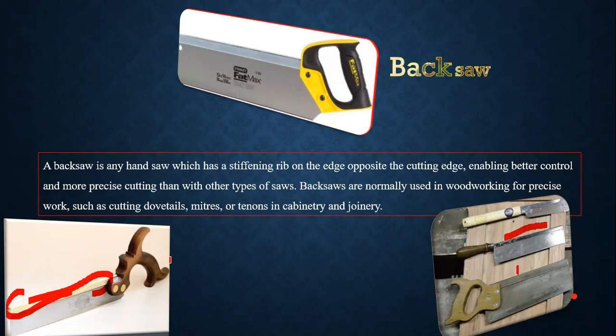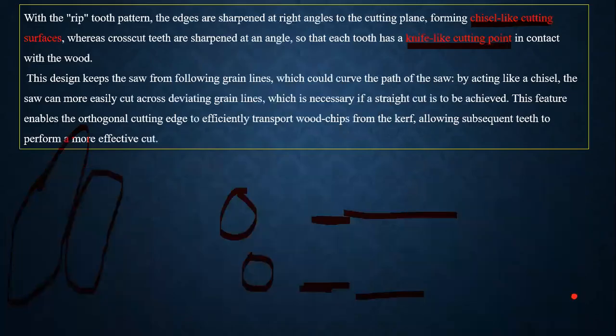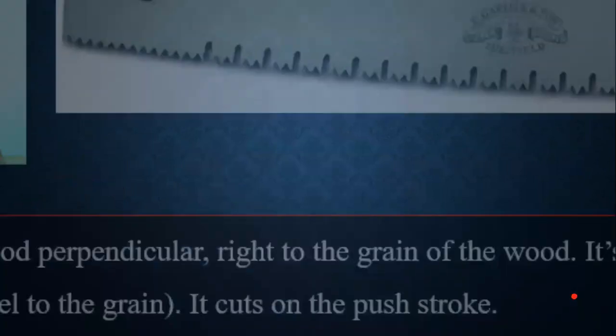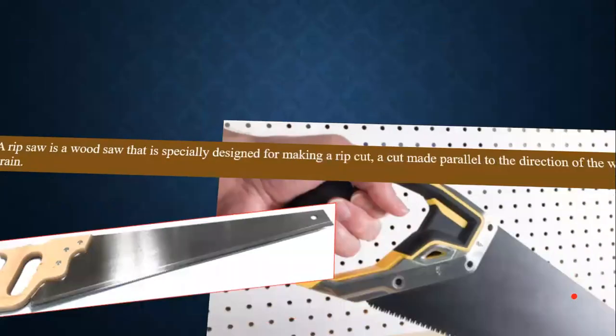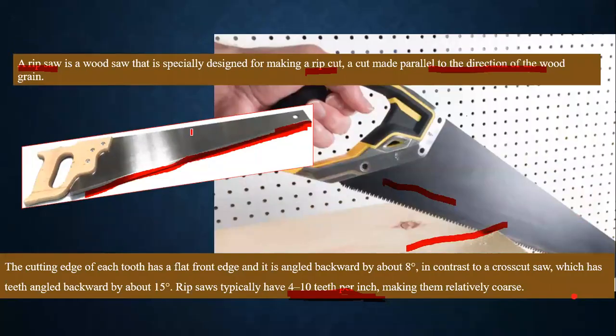With the rip saw and the cross-cut saw, we don't have anything attached to the back. There's nothing holding it. So when you are cutting, usually the blade will wander and the direction of the blade is usually not controlled.